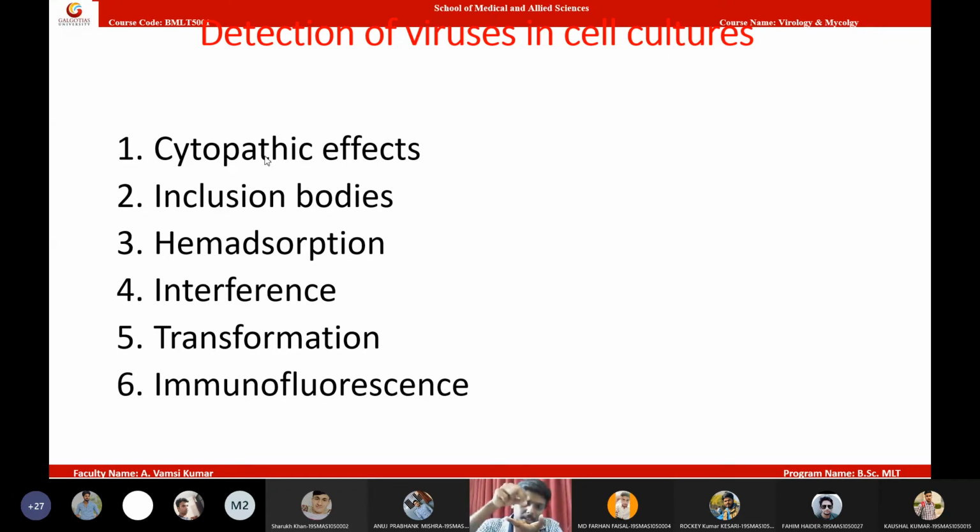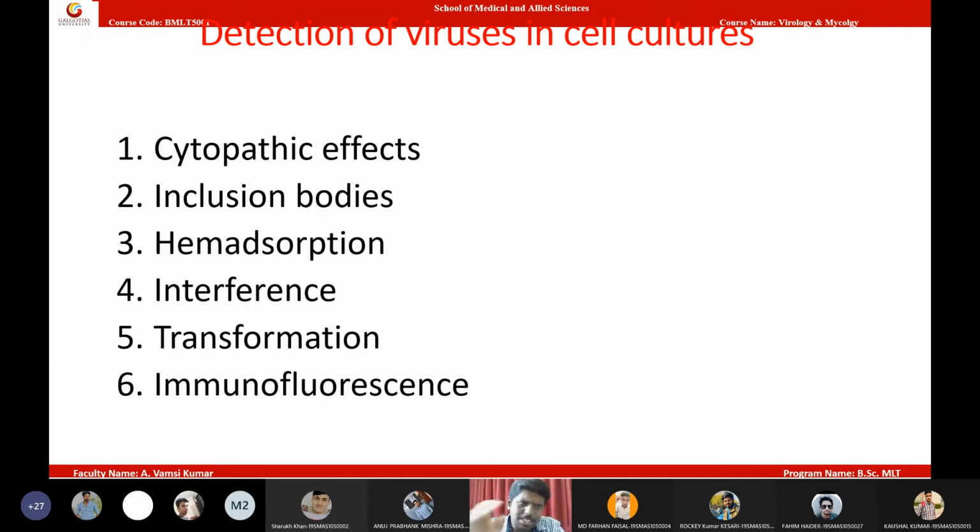If the blood agglutinates, that indicates the presence of a hemagglutinating virus, such as influenza virus. So by that also we can detect viral presence. That test is called hemagglutination or hemadsorption test.